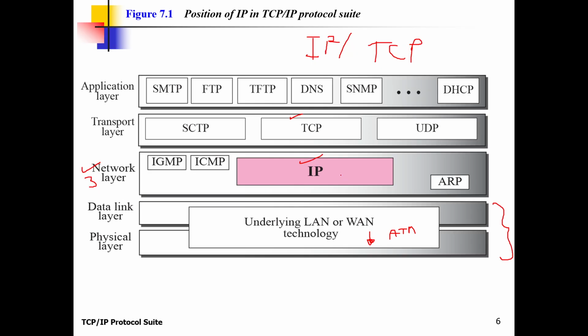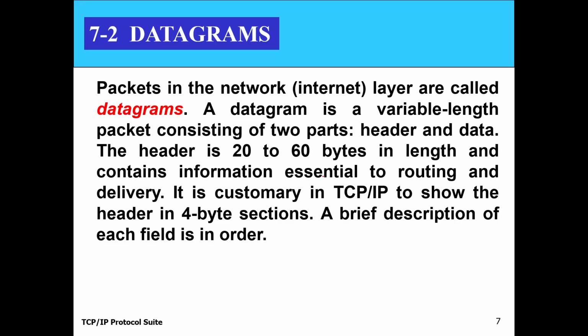And in IP, here we talk about datagrams, whereas at the data link layer we talk about frames. Remember that we have a header and we have the data. This data comes from the transport layer, so we call it a datagram.